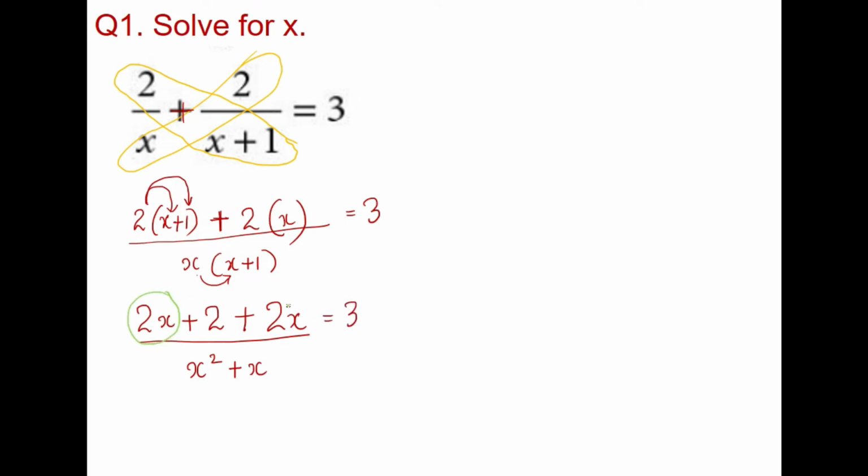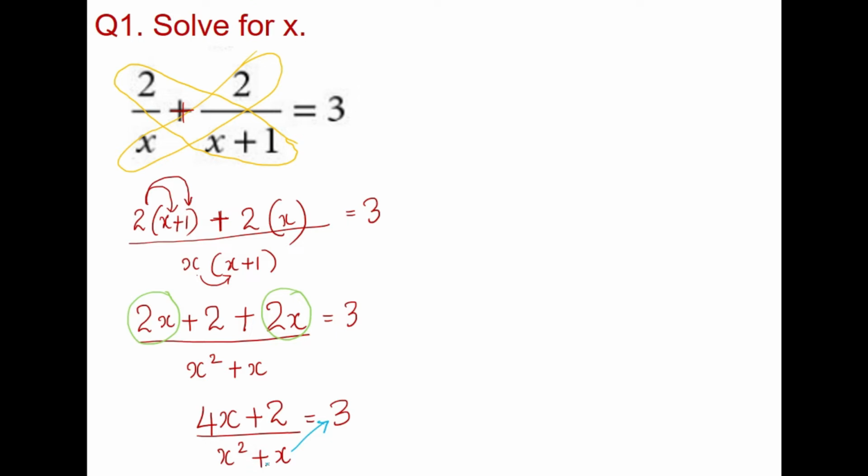Combining the like terms, I have 2x plus 2x, giving me a 4x plus 2 over x squared plus x equals 3. My next step here will be to cross multiply.